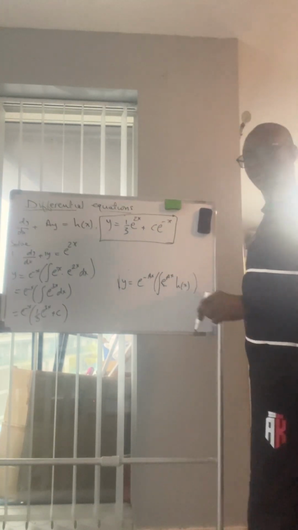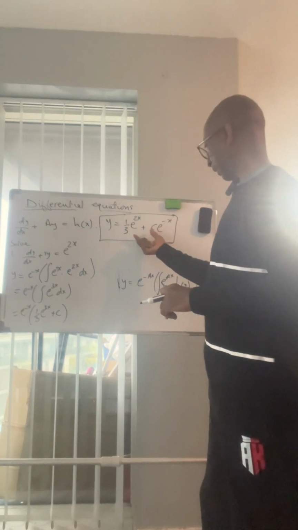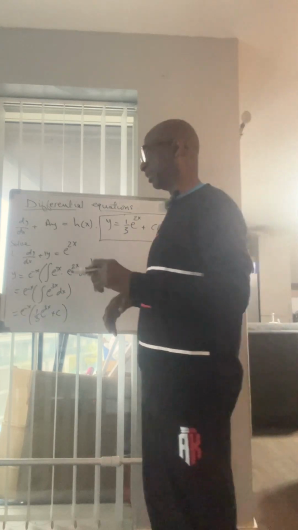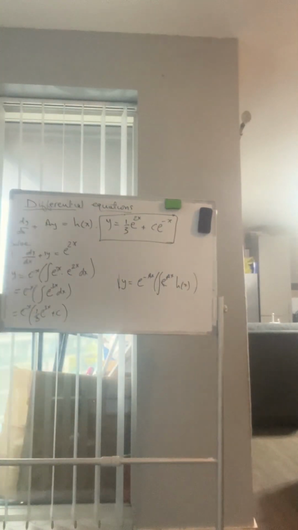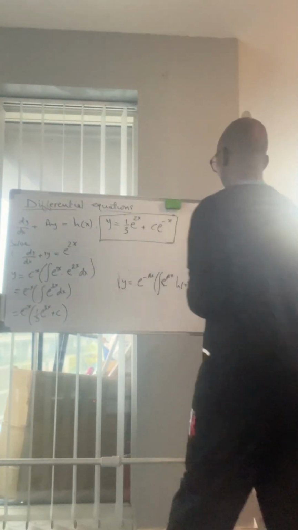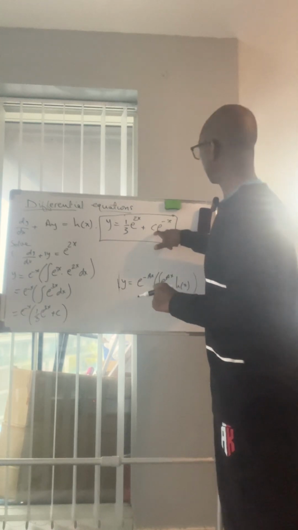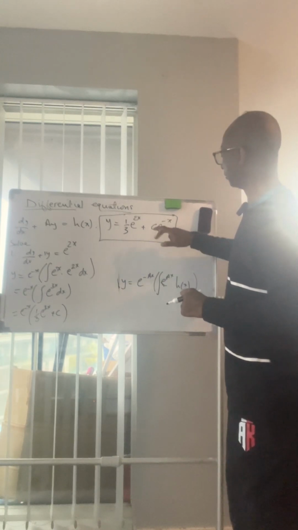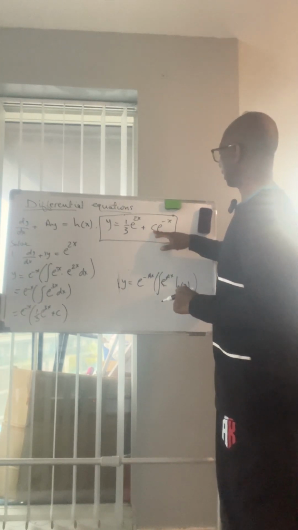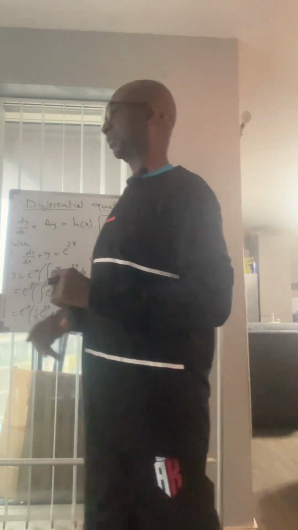As I told you earlier on, whenever you solve a differential equation, you always get a function. You don't get answers like absolute numbers, like 3 or 10. Because in this problem, this c is a constant. Depending on the value of this c, it will give you a family of curves for this equation.